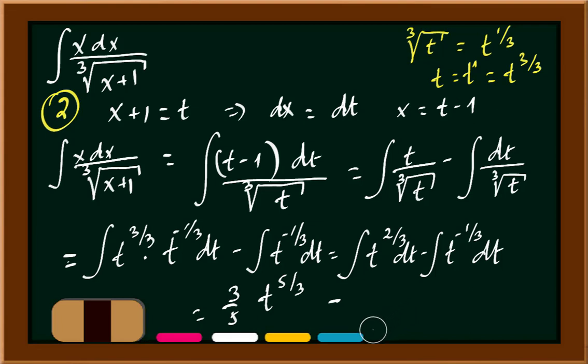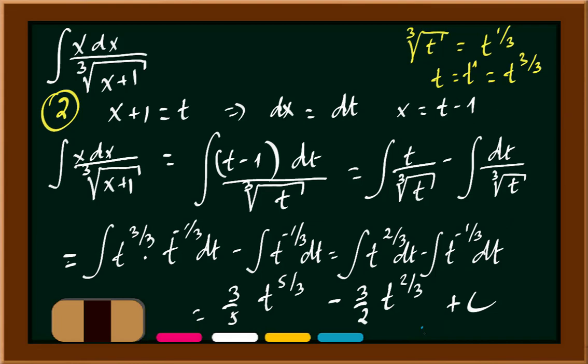The same for the second one: it will become minus 1/3 plus 3/3, 2/3, so minus 3 halves of t to the power of 2/3 plus a constant. So does that sound familiar now with what we had in the first method?